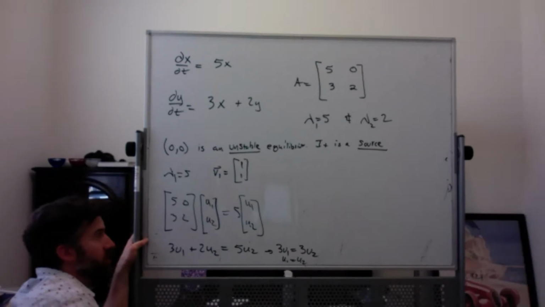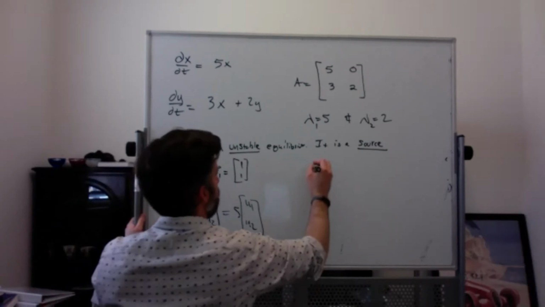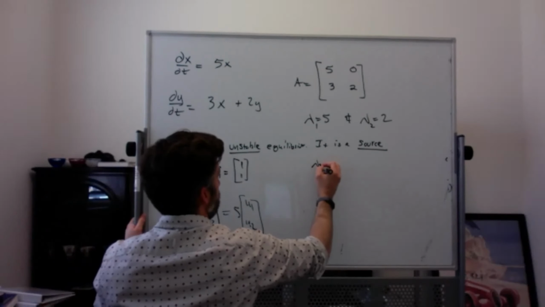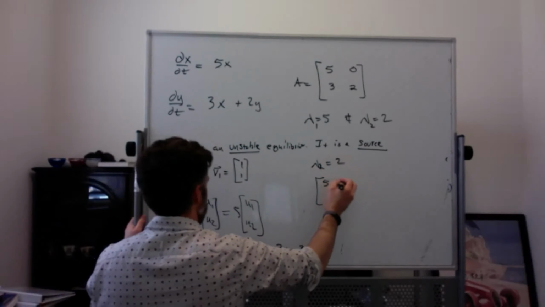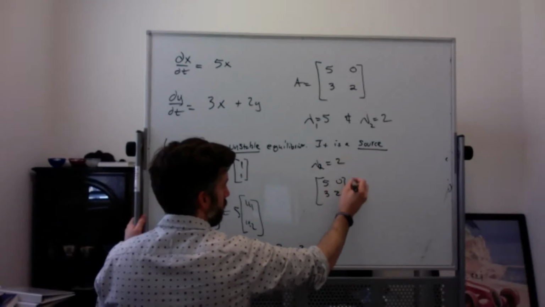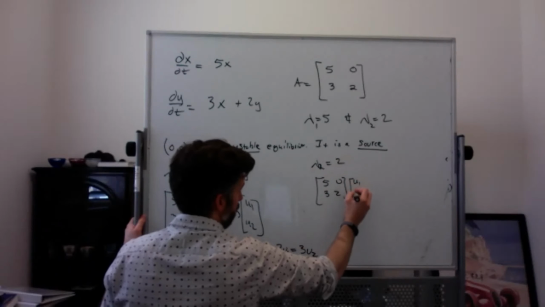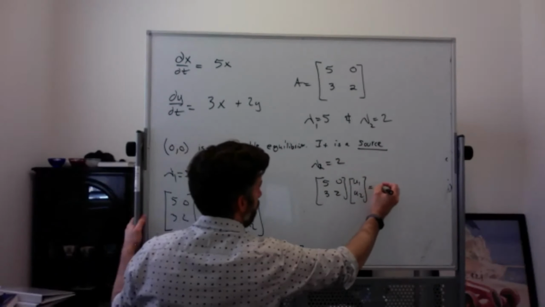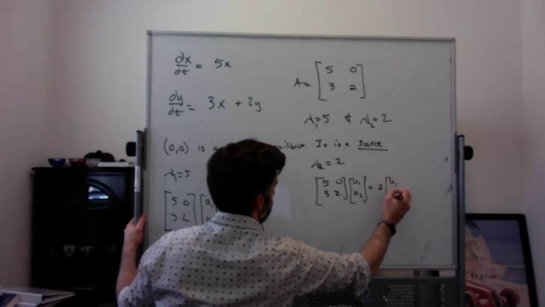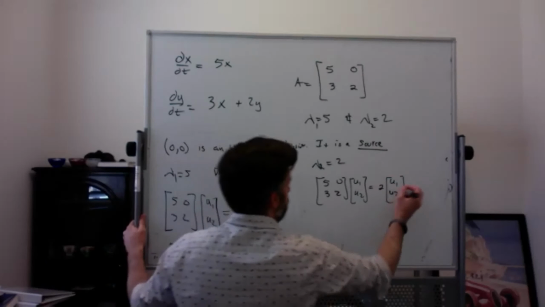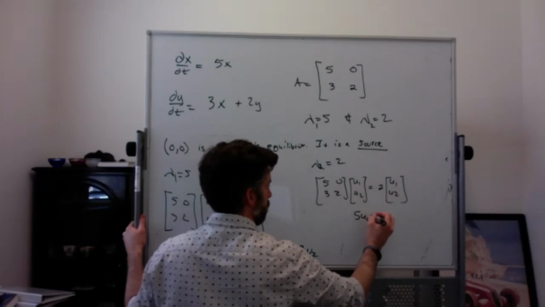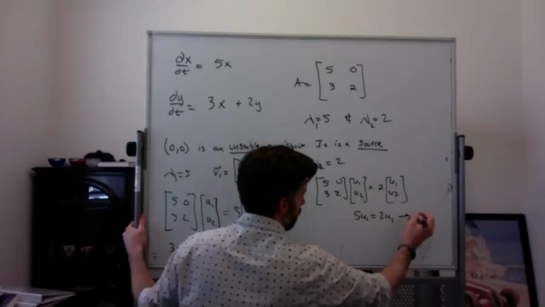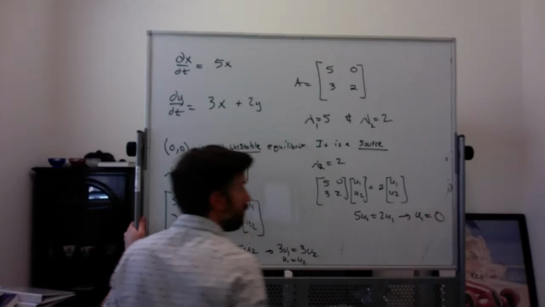Okay. So now let's look at the other eigenvalue. Lambda 2 equal to 2. So that's where I've got the matrix 5, 0, 3, 2 times, and again, I'm going to call it u1, u2 equal to 2 times u1, u2. And we end up getting 5 times u1 equals 2 times u1, which means that u1 equals 0.